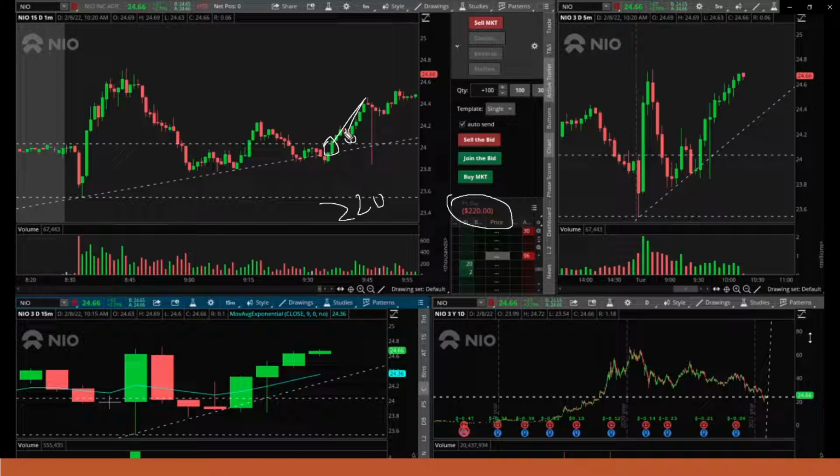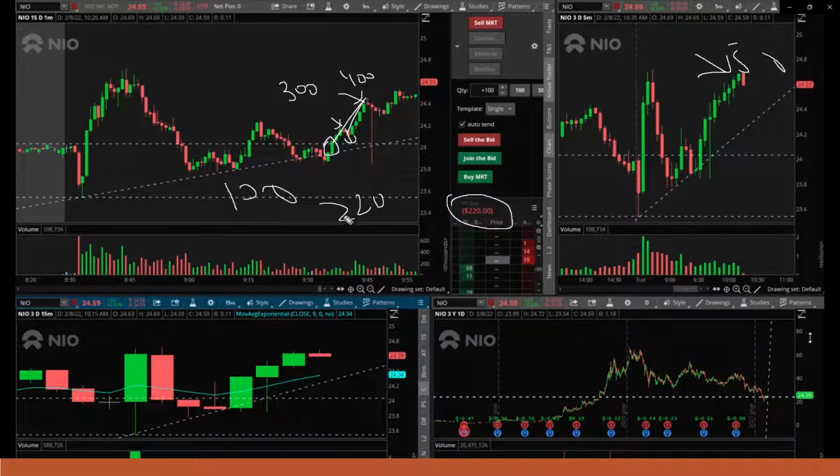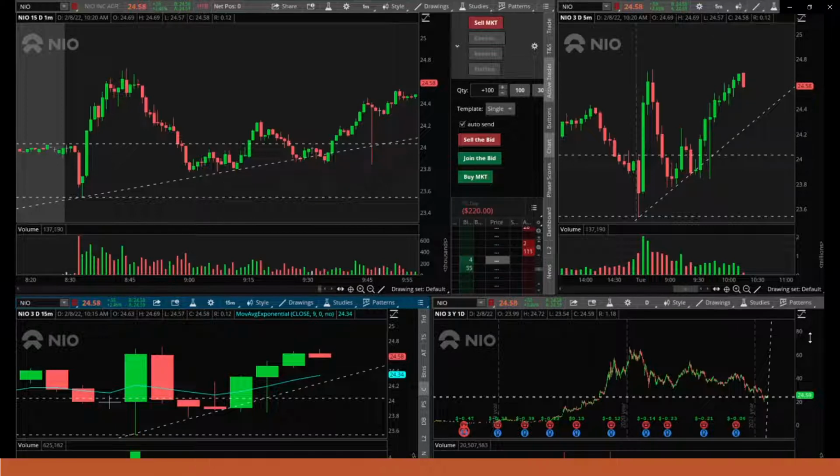However, if I had not cut, my loss would have been 300 here, then 400 here, then 500 here, and it eventually went up way longer. It could have been a $1,000 loss instead of just 220. I don't even know how much it could have kept going, and then you're stuck in it. This strategy is not scalable.